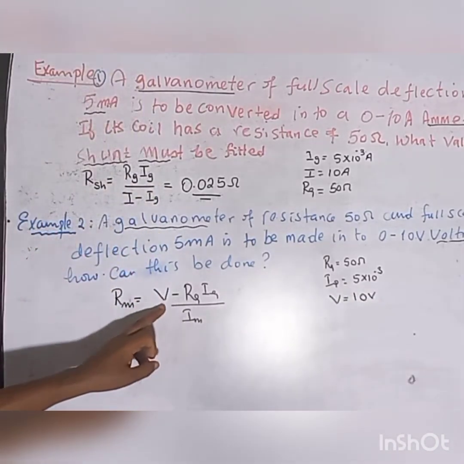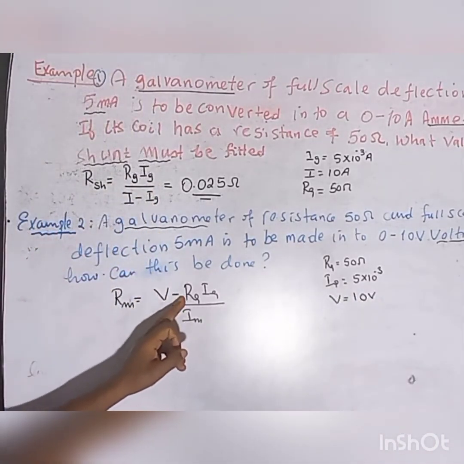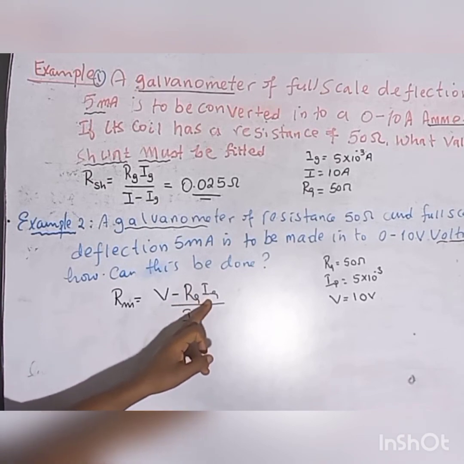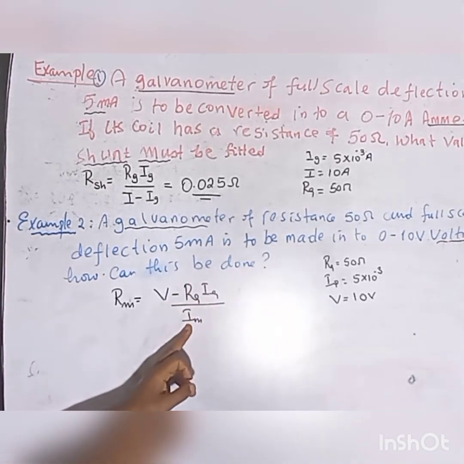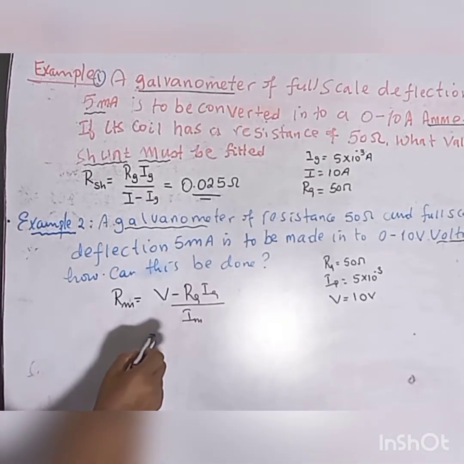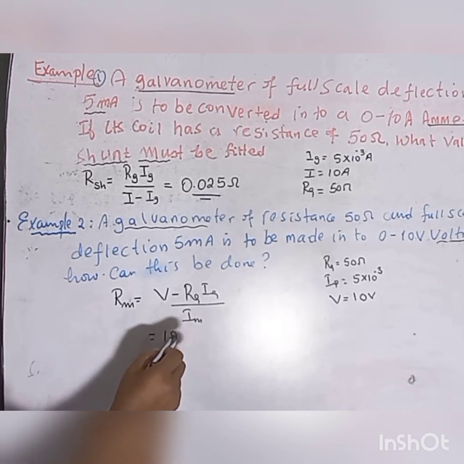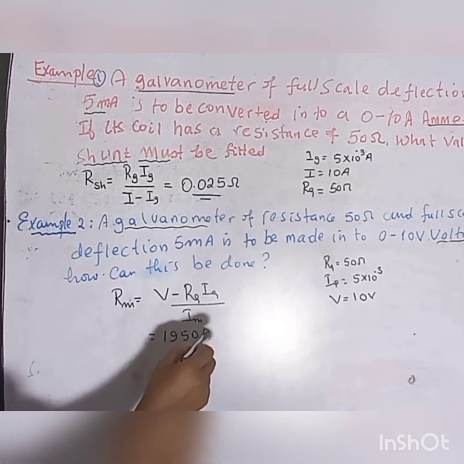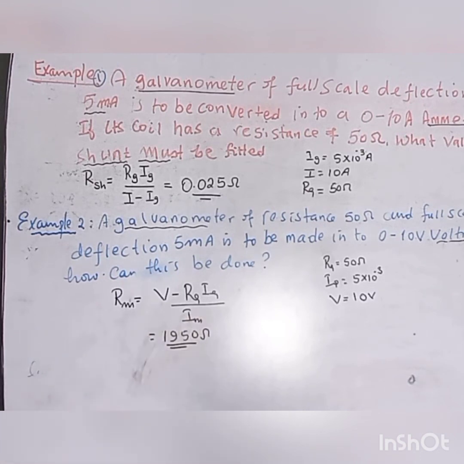Now substitute 10 minus RG 50 times IG 5 times 10 to the power of minus 3, with the current through the multiplier and the current through the galvanometer equal. Substitute and solve, we get 1950 ohm.